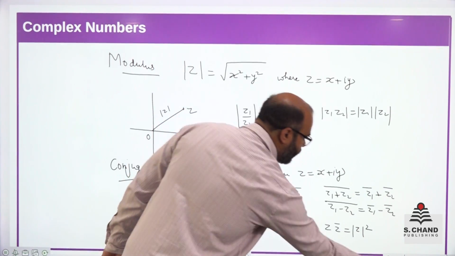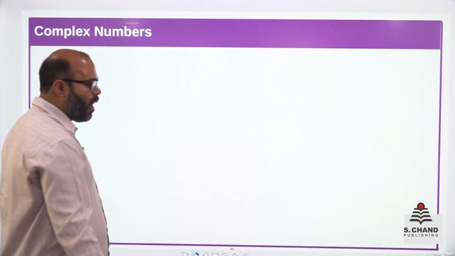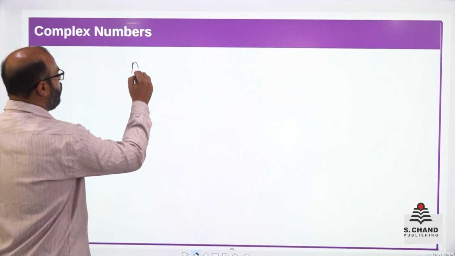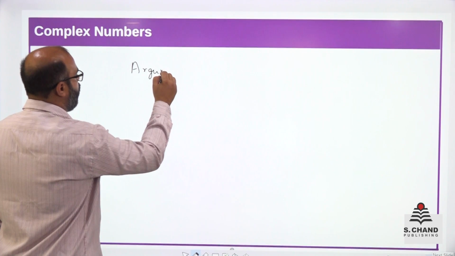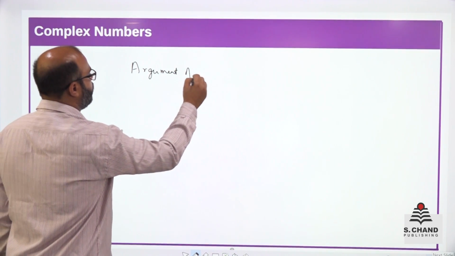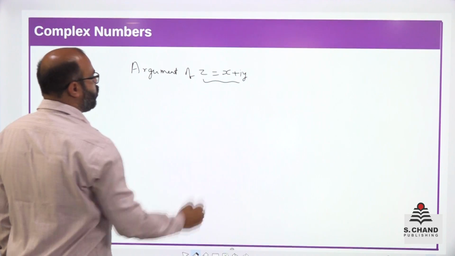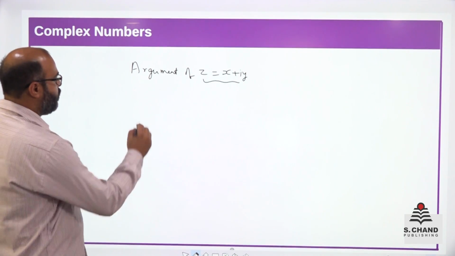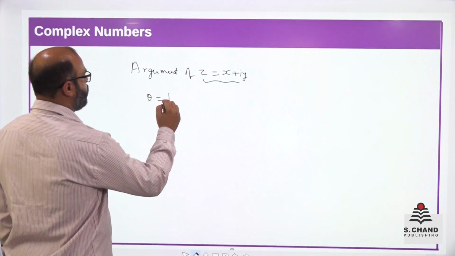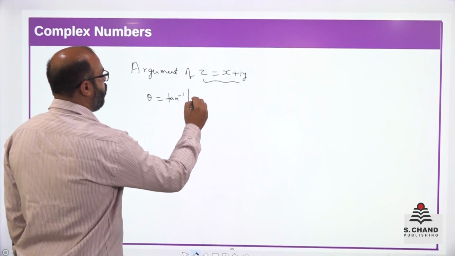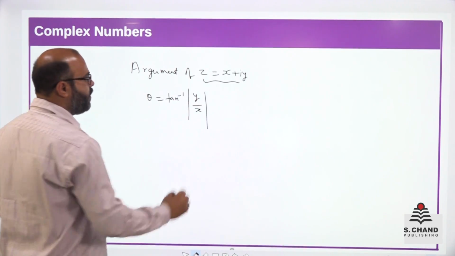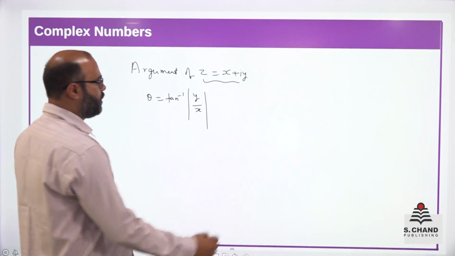Next we have here is argument. Argument of a complex number. How do we find argument of z, where z is equal to x plus iy? In order to find argument, we first take theta, which is tan inverse of mod of y by x. Now we decide in which quadrant it lies.